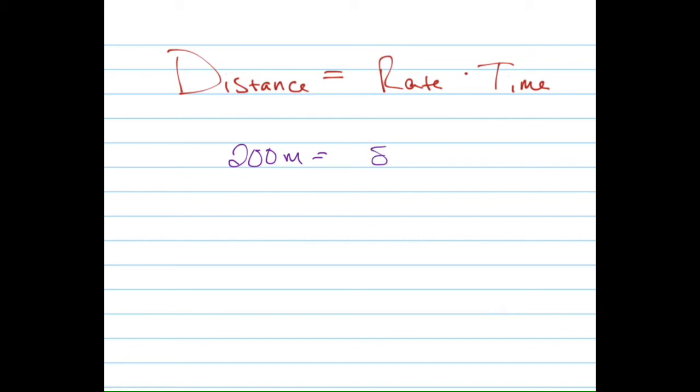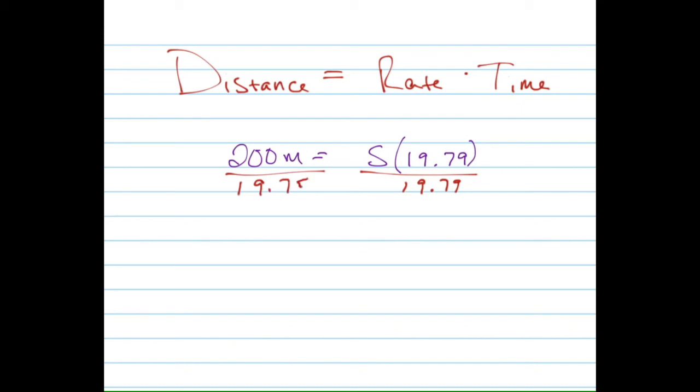S. There's an S. What's the time? 19.79. So we're solving for S, and we have a number attached to it by multiplication. How do I get rid of it? Divide both sides by 19.79.